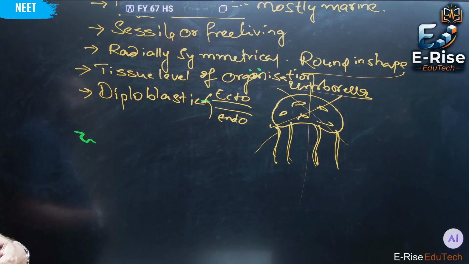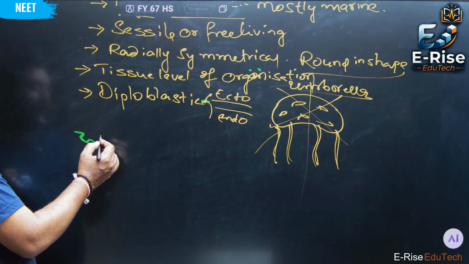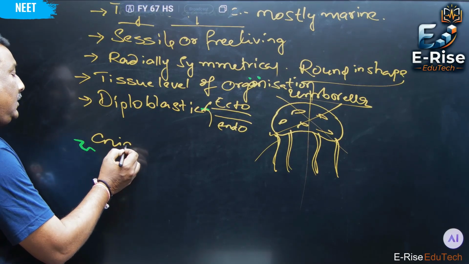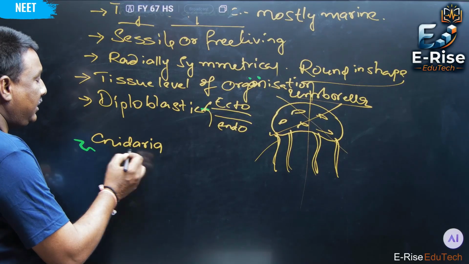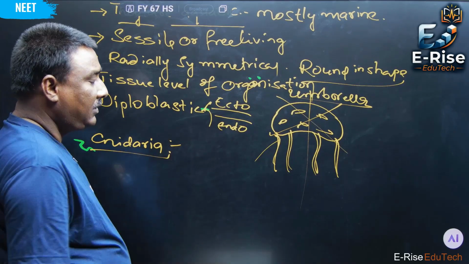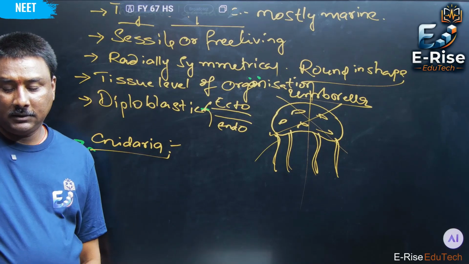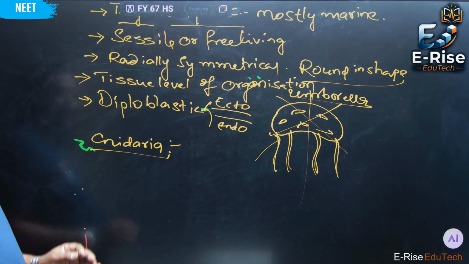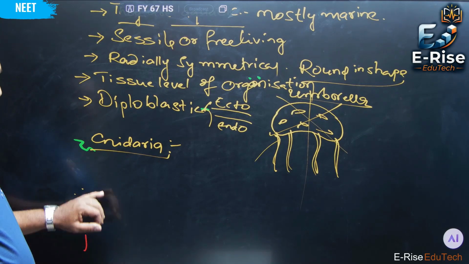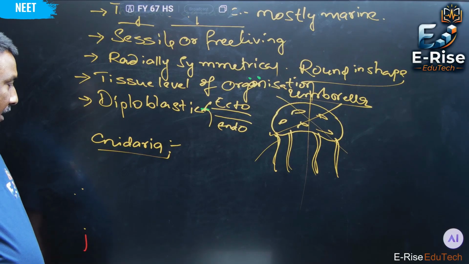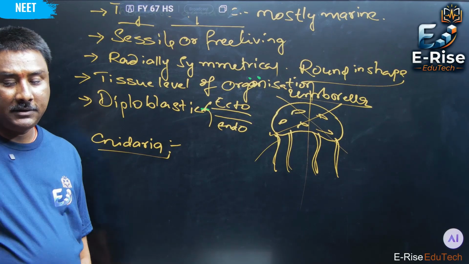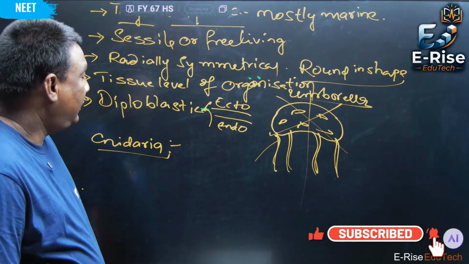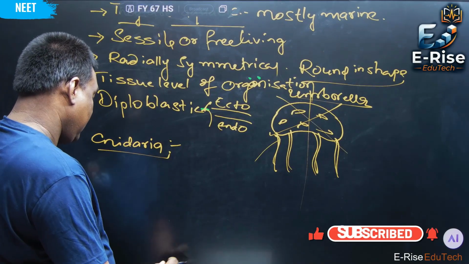Another name of Cnidaria is Cnidaria. Why is this name given? Because they contain special cells. The name Cnidaria is derived from the cells present in their body.